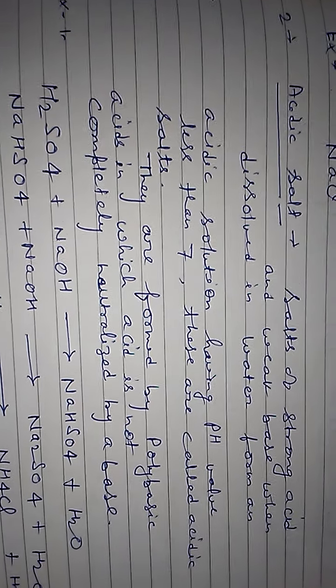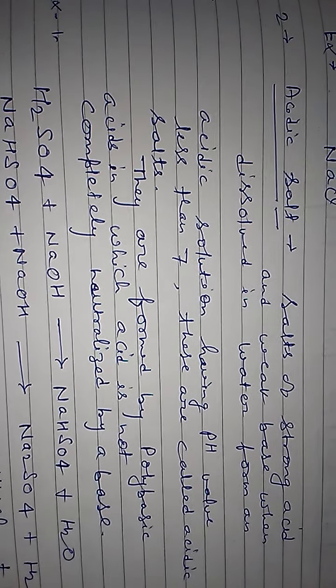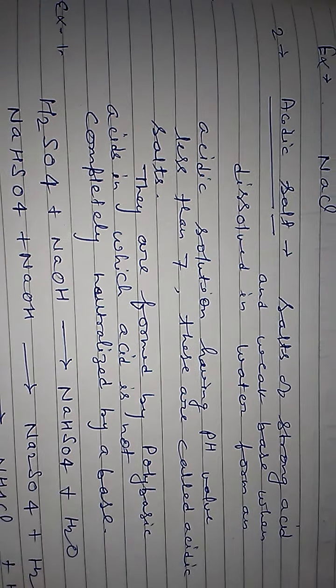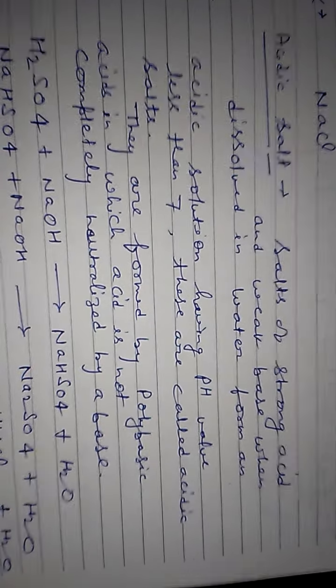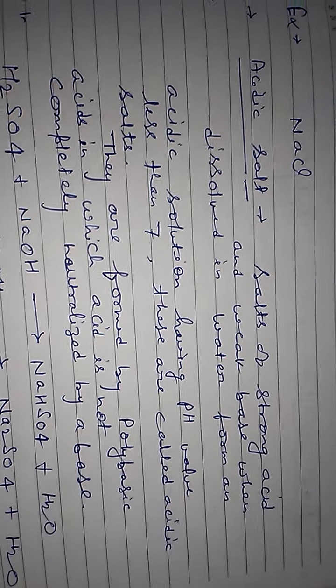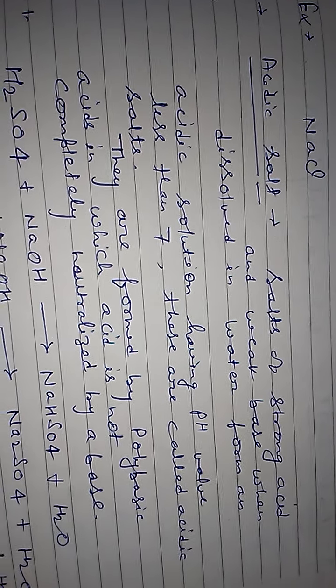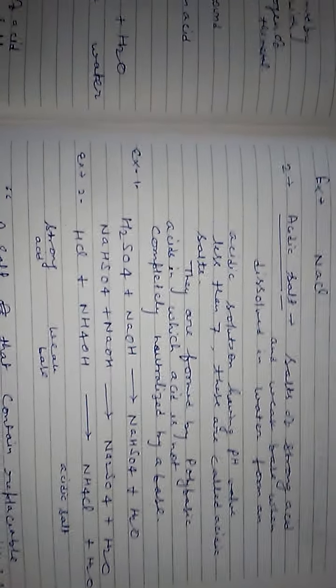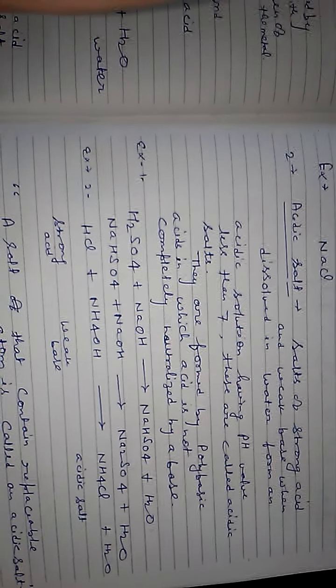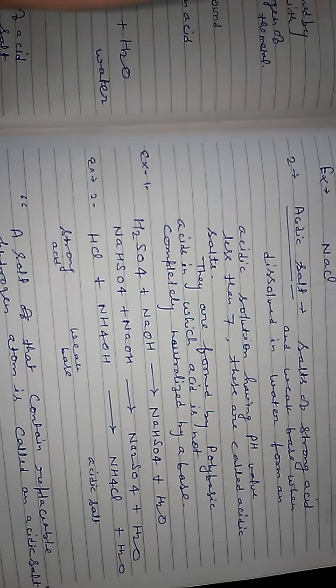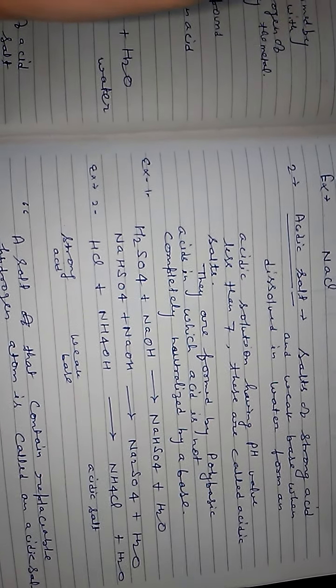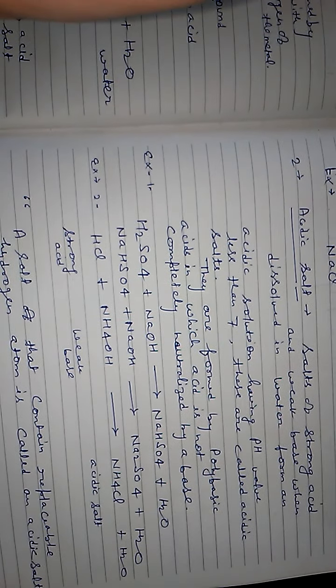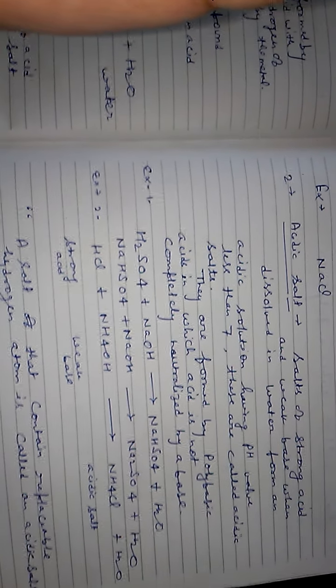These are the salts of a strong acid and a weak base. When dissolved in water, they form an acidic solution having a pH value less than 7. So when a strong acid reacts with a weak base, what happens? The strong acid has more H plus ions and the weak base has fewer OH minus ions. Therefore, all the H plus ions of the acid cannot be neutralized by the available number of OH minus ions.